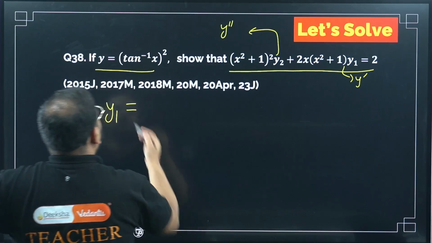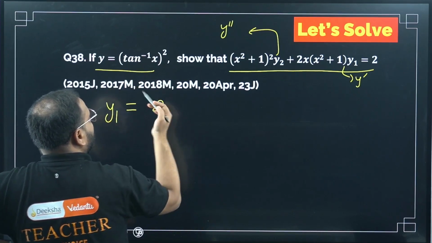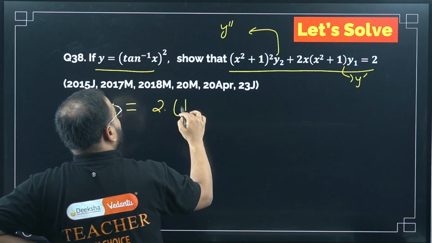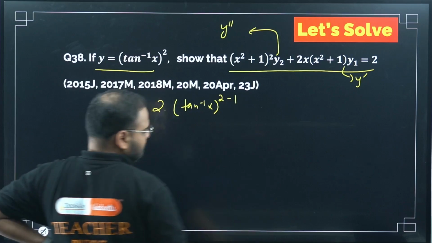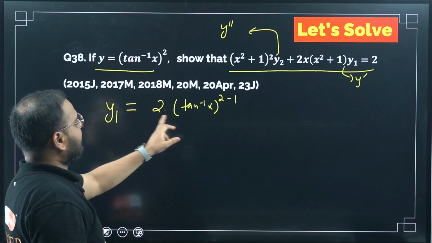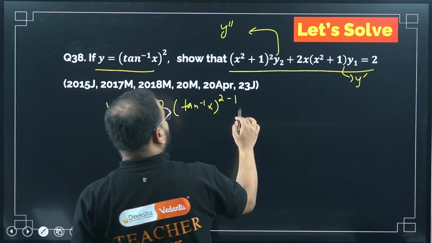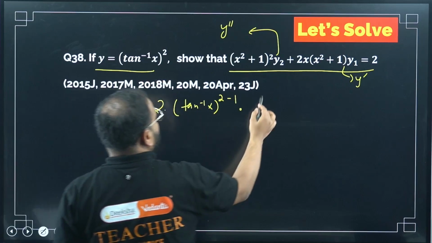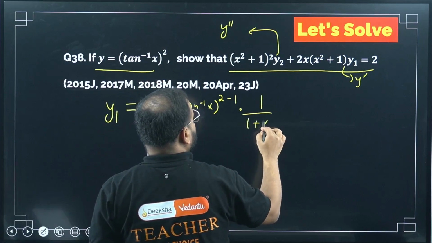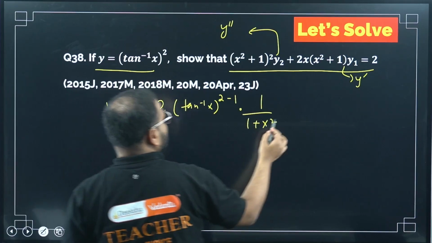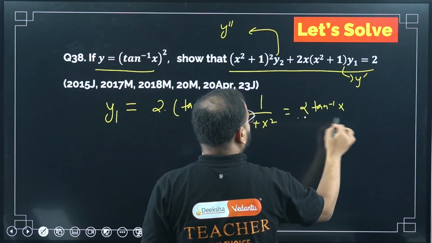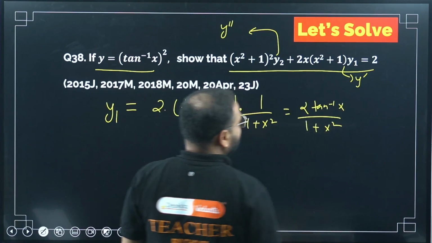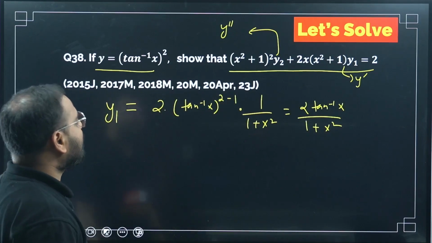Y1 is going to be 2 will come in front first, tan inverse of x to the power 2 minus 1, n into x power n minus 1. And for tan inverse x, it will become 1 upon 1 plus x square. Simplifying, it will be 2 tan inverse of x upon 1 plus x square. Yes or no? Yes.